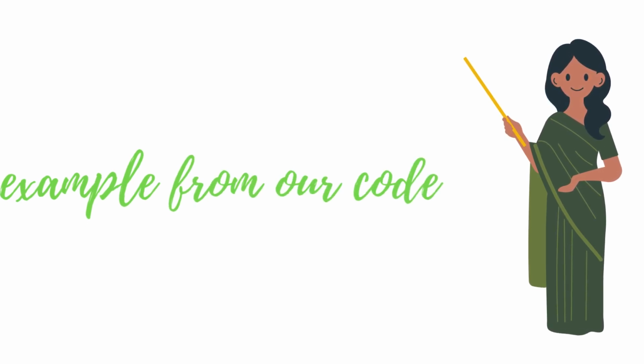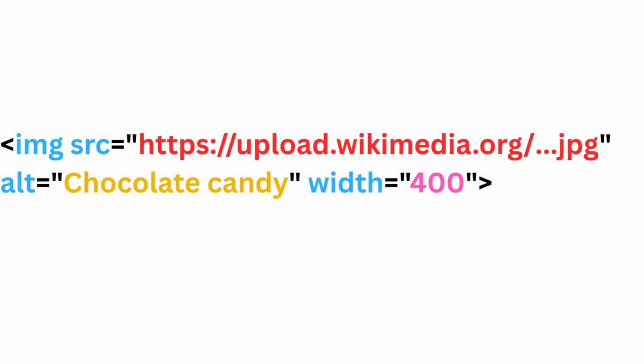Let us see the example from our code. We used image src, right? Src is the attribute name and the link which is provided there is the value. The meaning of that is the location of the image. We also used alt.